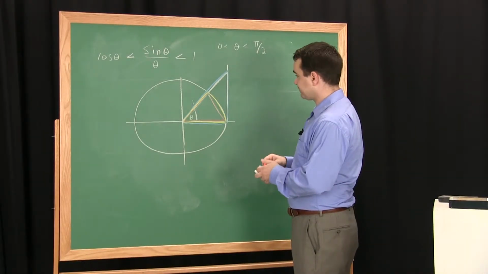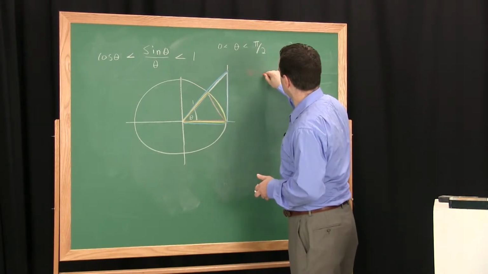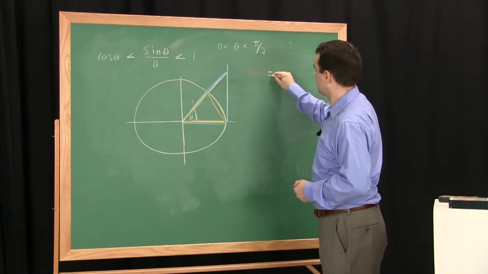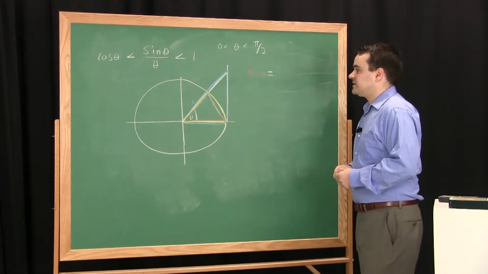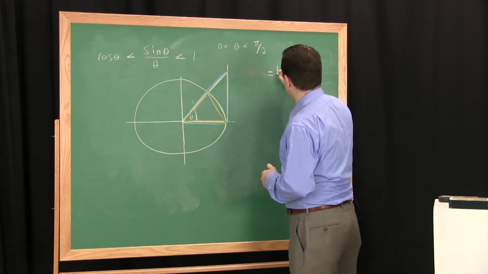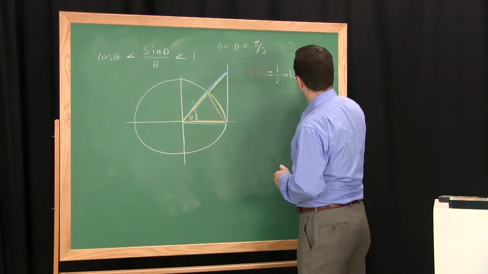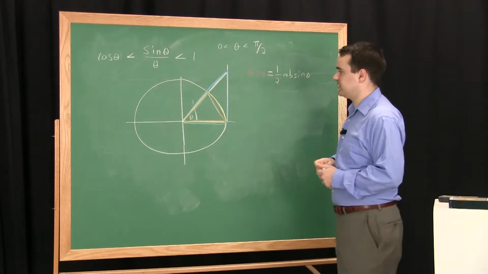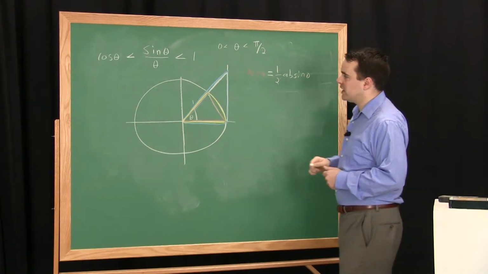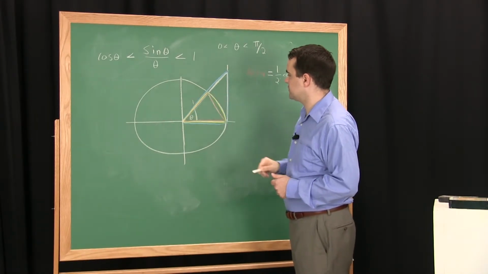So first of all, I want to find the area of the triangle in red. And the way I want to do that, I want to use this formula that it's going to be 1/2 times A times B times sine theta. And so I need two side lengths and an angle between them. And so which two side lengths do I want to pick? Well, here this side length is equal to 1 because it's unit circle.